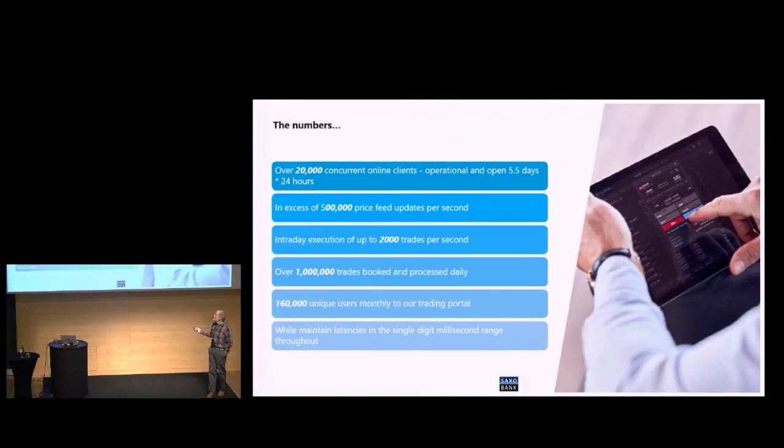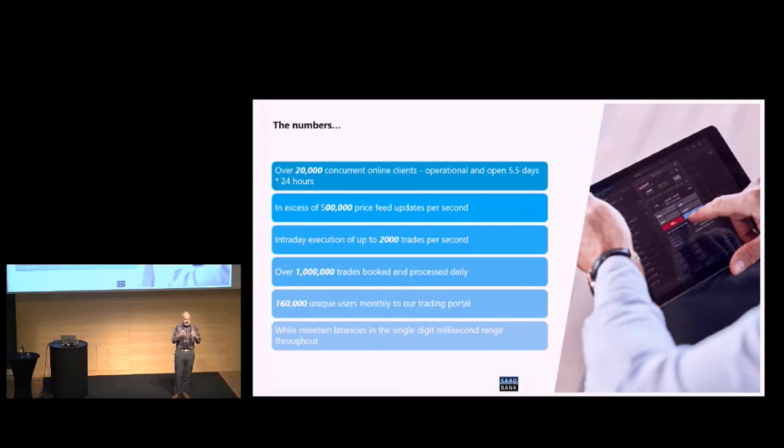We are doing intraday execution of 2,000 trades per second, and that's business trades, but each and every trade also comes with an order request and some state changes on the actual order that the trade generated.